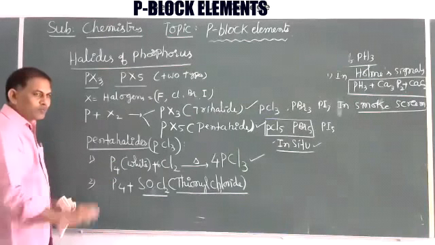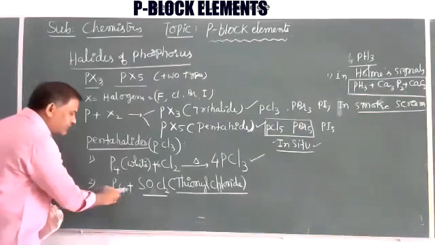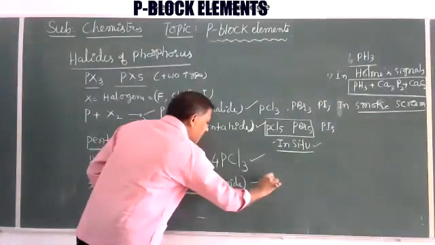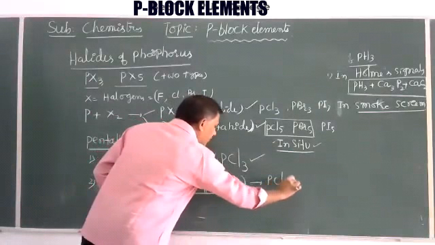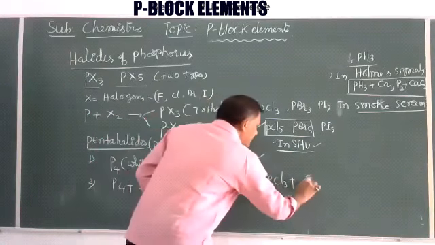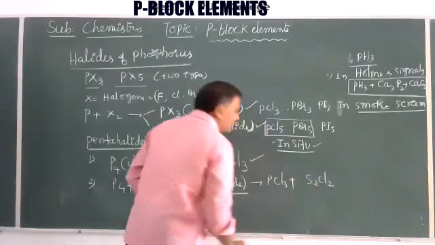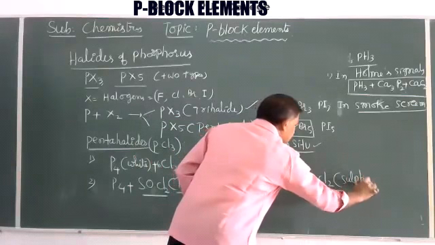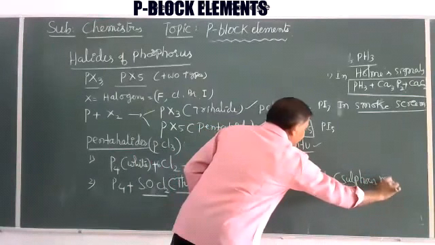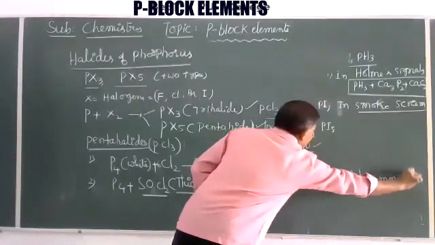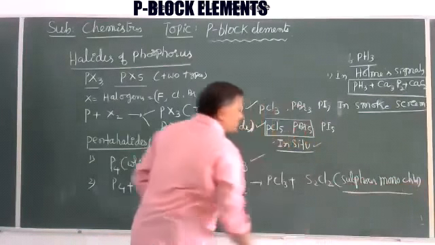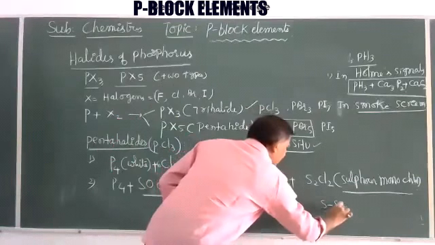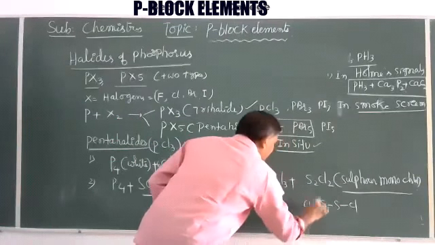is chloro. Now the white phosphorus reacts with SOCl2, it gives the corresponding PCl3, phosphorus trichloride, plus S2Cl2 is formed. It is called sulfur monochloride. Sulfur monochloride means S bond S, the Cl and the Cl.